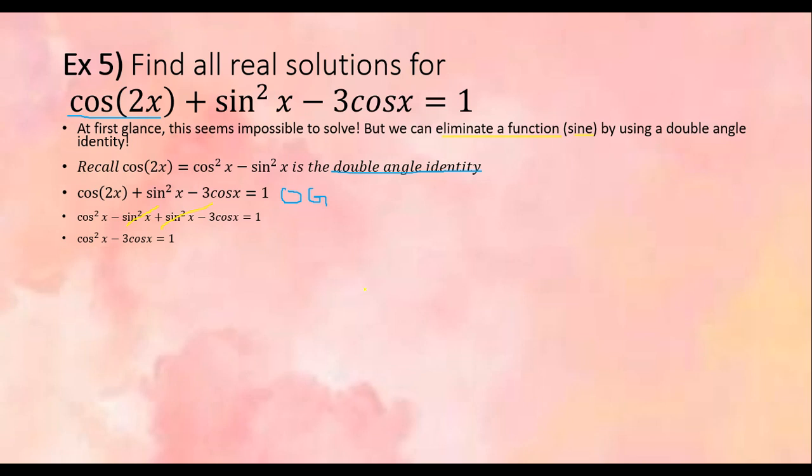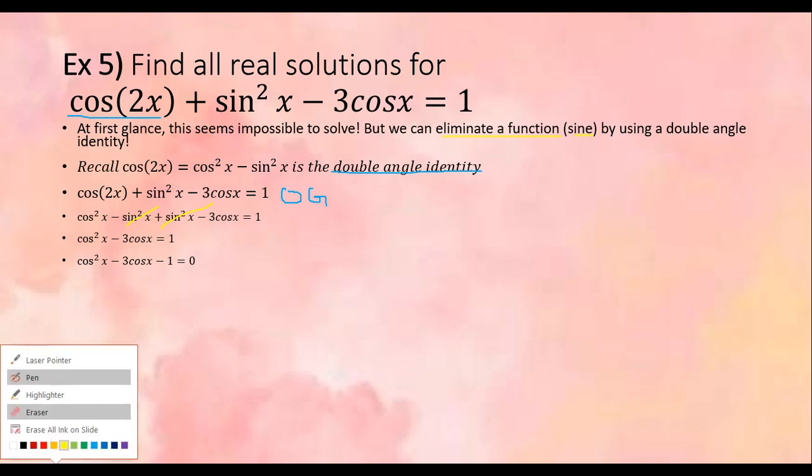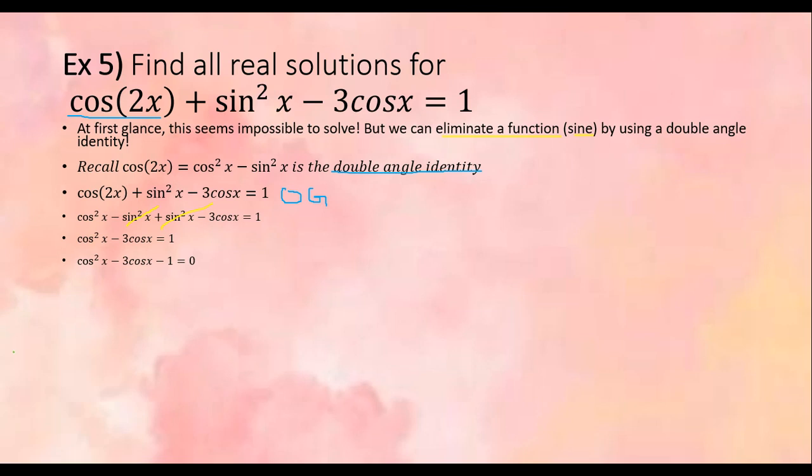So again, we're going to go back to the strategy that I love so much from the last example and do a u substitution. What we're going to do here is subtract 1 on both sides. Now I have cosine squared and cosine, so this is quadratic.